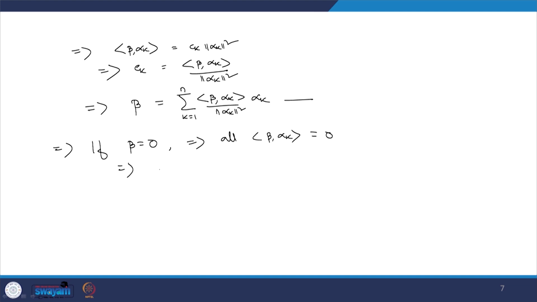So, this implies that all C k, which is equal to the inner product of beta and alpha k by the norm of alpha k square, will be equal to 0.